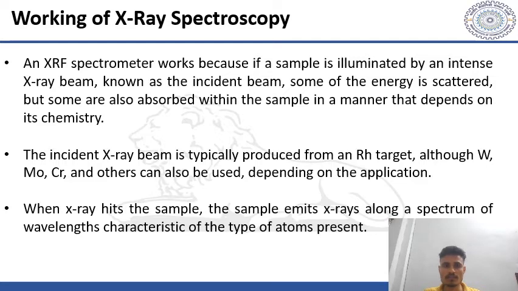The incident X-ray beam is typically produced from a copper target, although tungsten and chromium and others can also be used, depending on their applications. When X-rays hit the sample, it emits X-rays along a spectrum of wavelengths characteristic of the type of atoms present.